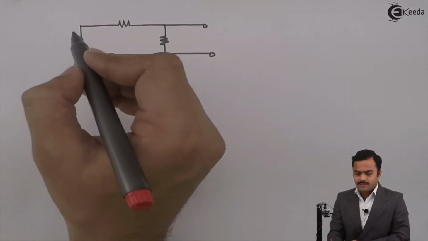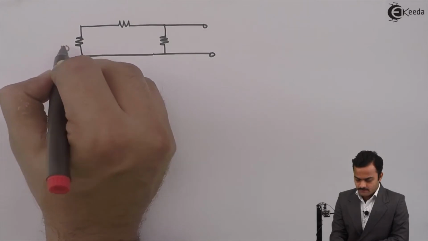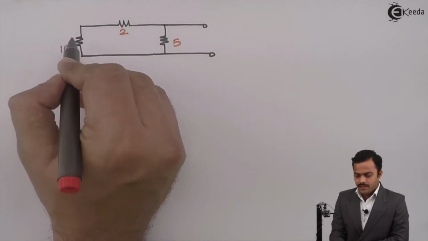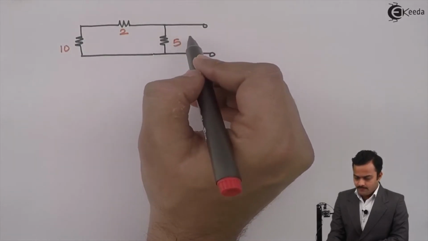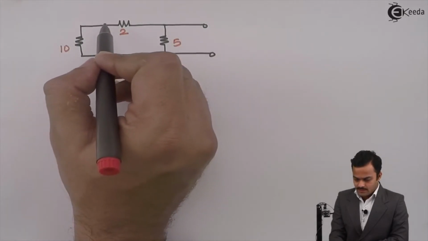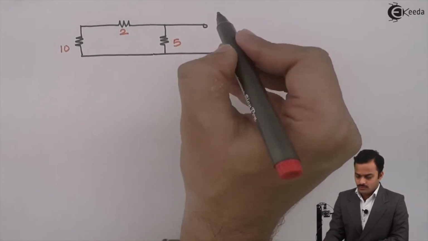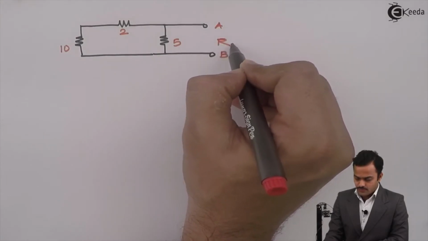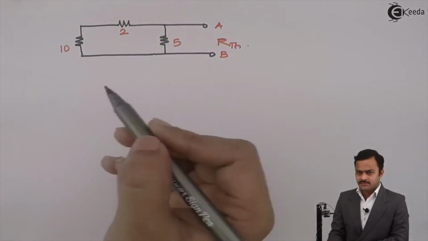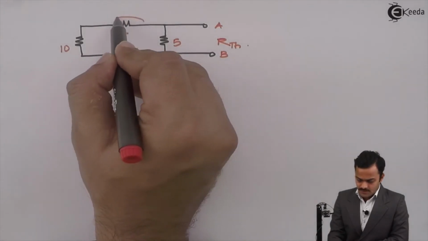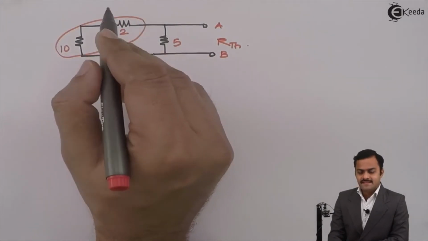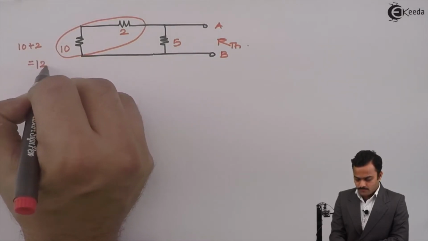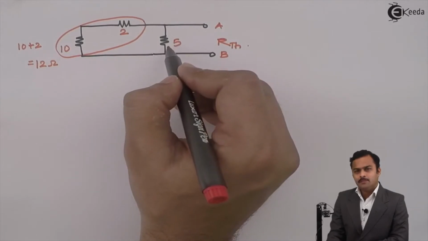I will have all the resistances intact, that is 10 ohm, 2 ohm and 5 ohm. The 4 ampere is open circuited, the 3 ampere also open circuited, and the 10 volt is short circuited. I will get a circuit like this, and here I am supposed to find out RTH. It's a very simple problem now. These two are in series, so 10 plus 2 I will get 12 ohm, and that 12 will come in parallel with 5.